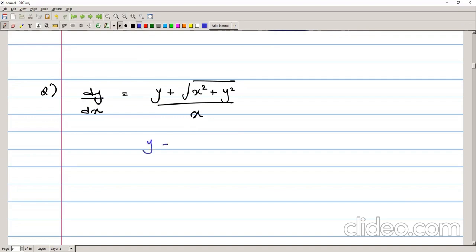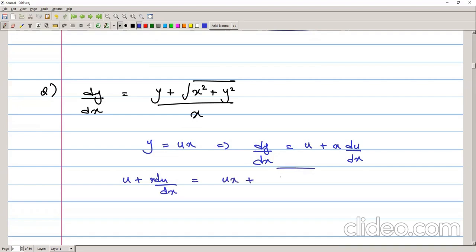So if we assume that y is equal to ux, which implies that dy by dx is equal to u plus x times du over dx, and then we will substitute here x times du over dx is equal to ux plus the square root of x squared plus u squared x squared over x.